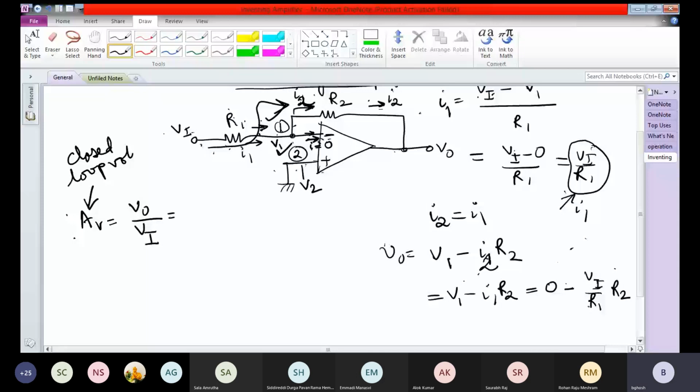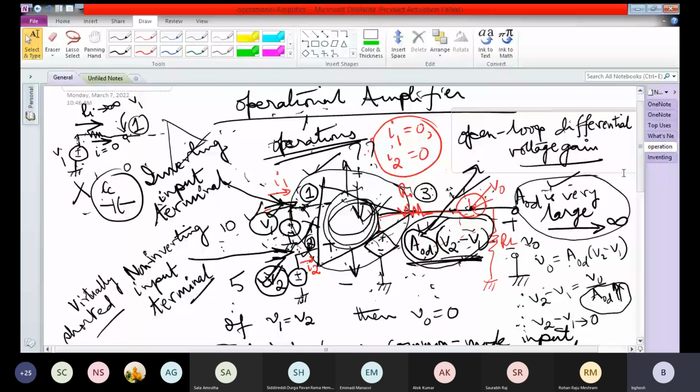The word closed loop comes from the fact that we now have a feedback loop in place, connecting the output to the input. Distinguish it from the open loop, where the output was not connected to the input. In that case, we have the open loop voltage gain. AOD is the open loop differential gain. Open loop means that the output is not connected to the input.